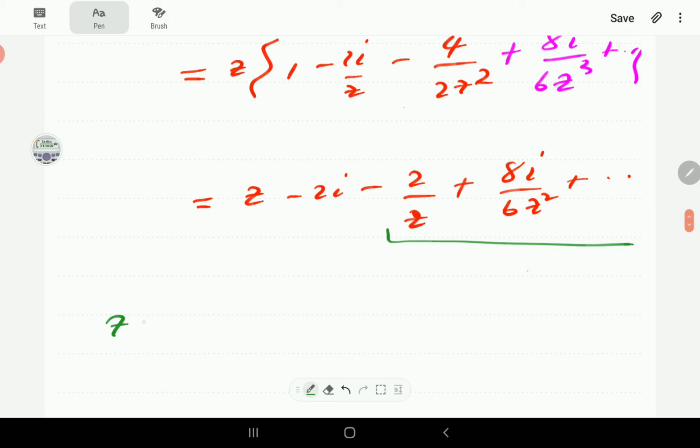So this is telling us that z equals 0 is an essential singularity.